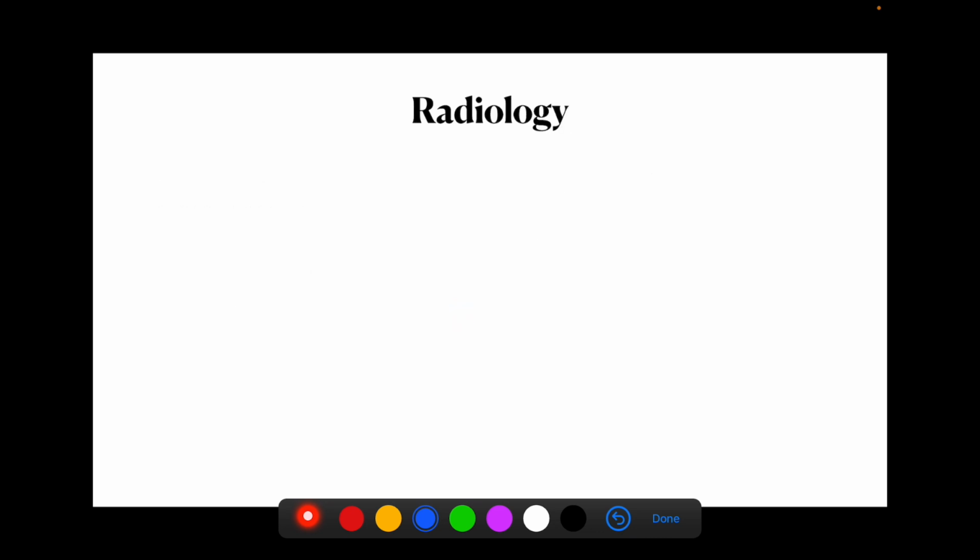Radiological investigations are done to rule out appendicular neoplasms, to diagnose appendicitis and to rule out other right iliac fossa pathologies. Now, while doing an ultrasonography, there are a few red flag signs which will tell us that this might be a case of appendicular neoplasm.